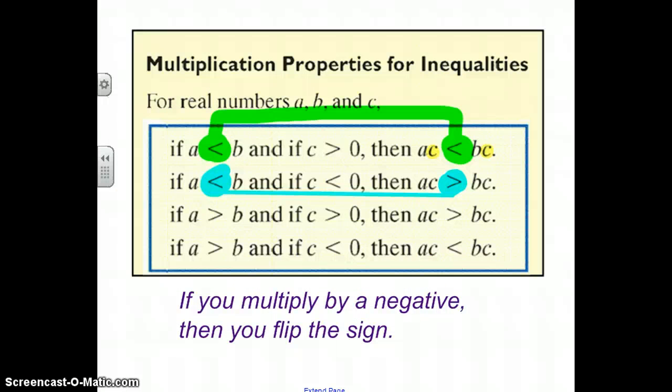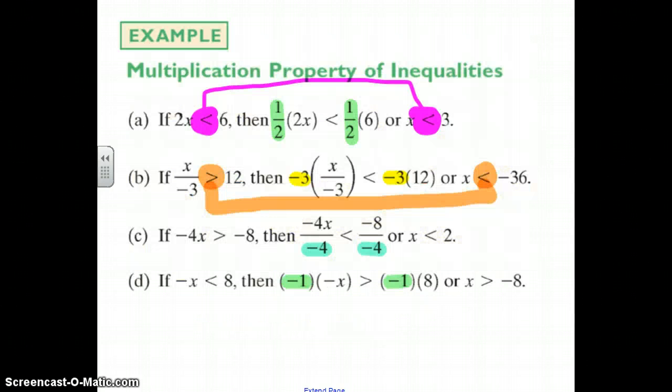So remember, if a value is less than, then you can multiply by c and keep the sign the same. But if a is less than b, and you multiply by a negative, then notice that that less than sign is going to flip to greater. That's what this slide is talking about. So again, we need to get to some examples here, but if you divide both sides by 2, we're not going to flip the sign.